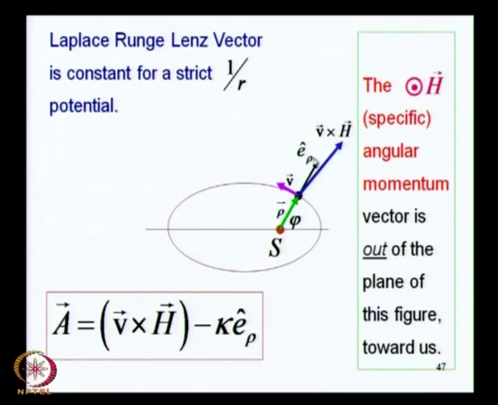Minus e rho will have a direction opposite to it, but parallel to it and scaled by the factor kappa. So, minus kappa e rho will be anti-parallel to e rho. If you take v cross h minus kappa e rho, the Laplace Runge-Lenz vector will be this red vector. This is the direction of the Laplace Runge-Lenz vector.